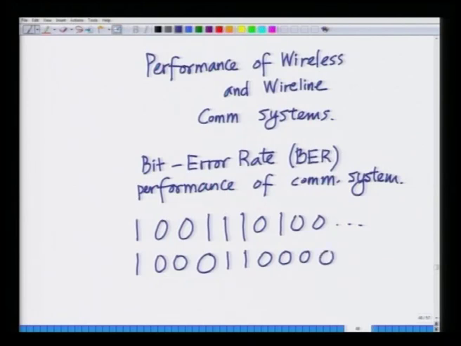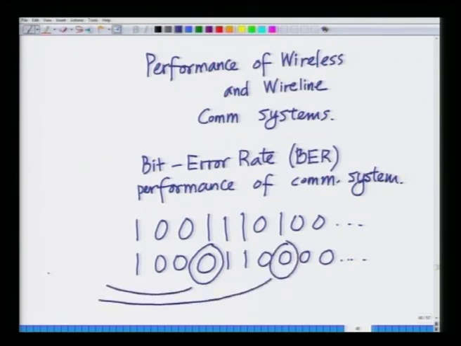So, this transmitted stream has been detected with some bit errors, as one of the ones has been flipped to a 0 and one of the ones here has been flipped to a 0. So, these are the bit errors.